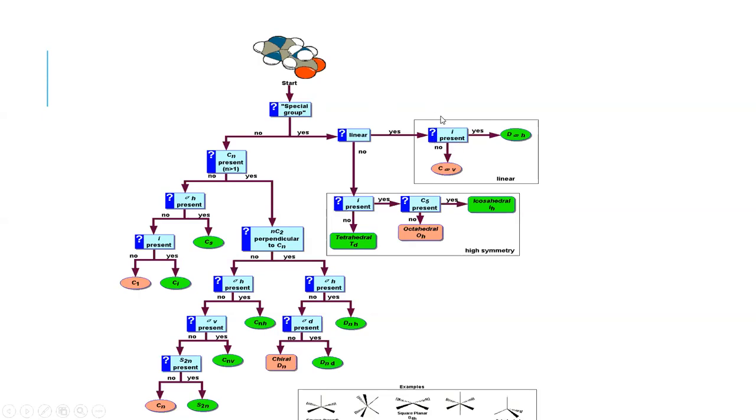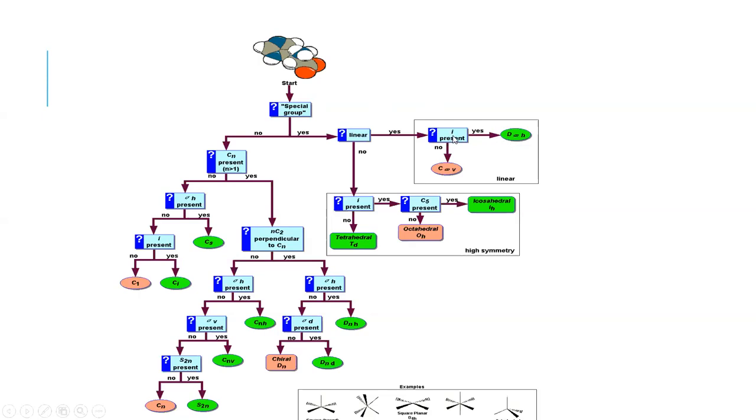If the molecule is linear and i is present, then you have to designate it as D infinity h. So this is the point group of any linear molecule which has a center of inversion in it.